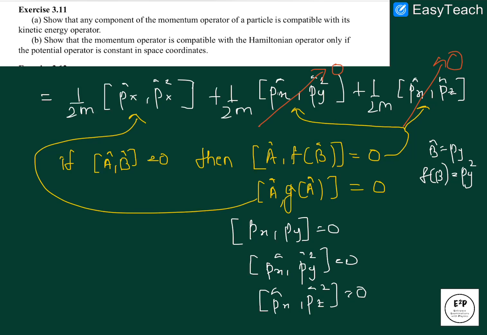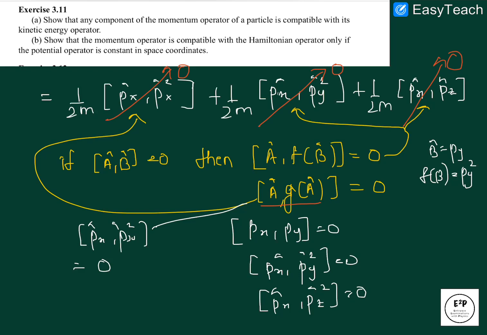Okay, and now using this identity, we have px and px square, which will be reduced to 0, which implies this also reduces to 0.